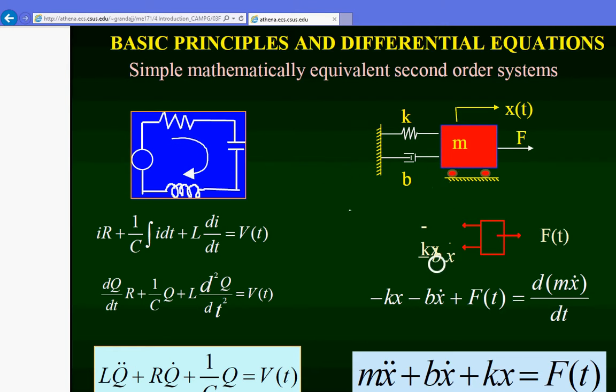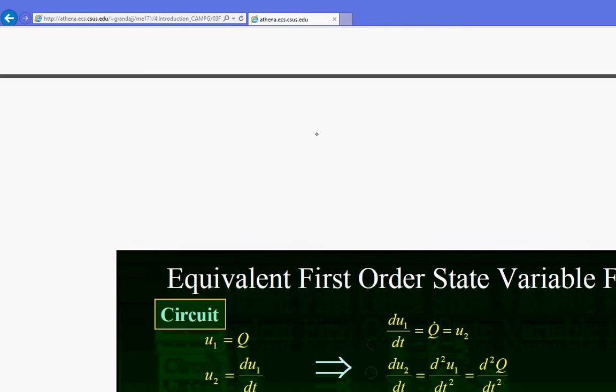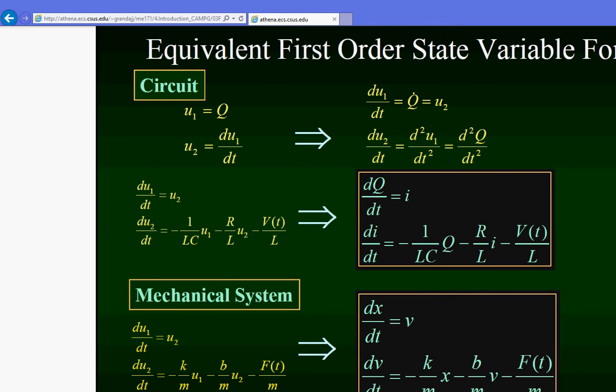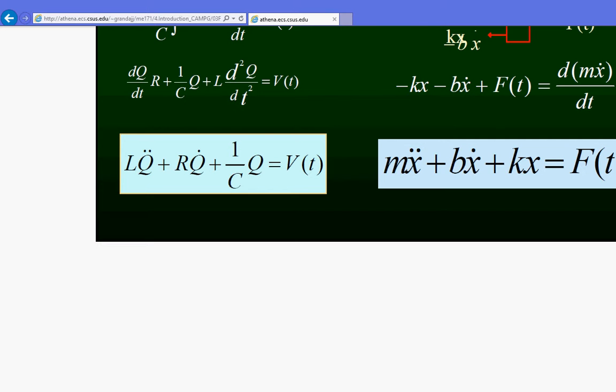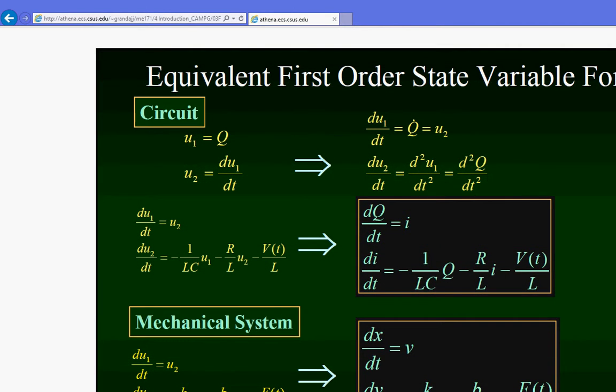So once you have the equations in second order form, like the ones shown above, then you can transform it into first order differential equations, like this. You can obtain the block diagram either from the second order differential equations or from these ones. However, it requires the skill of having done the derivation.